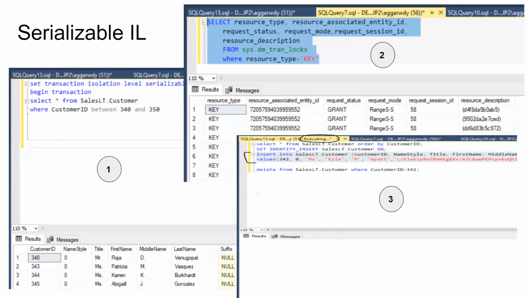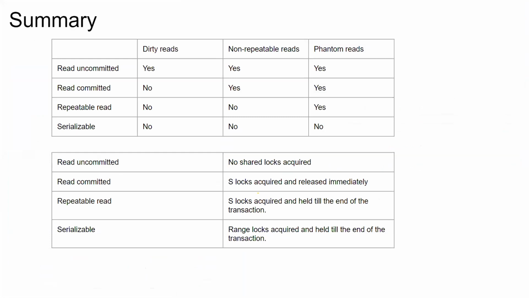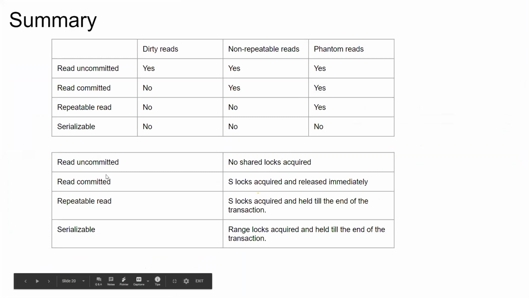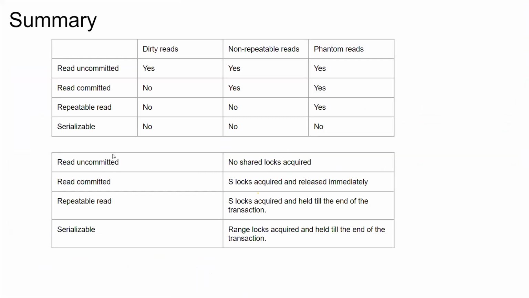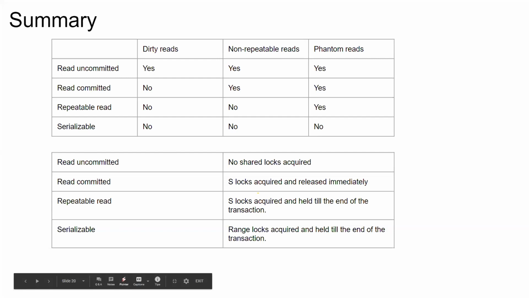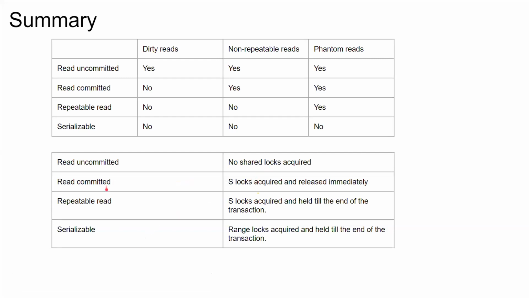Yes. Okay. As a summary, I should have put this table first, because if you remember the table at the bottom, this will be very easy to understand. We talked about read committed and repeatable read. The difference is in the duration of shared locks.